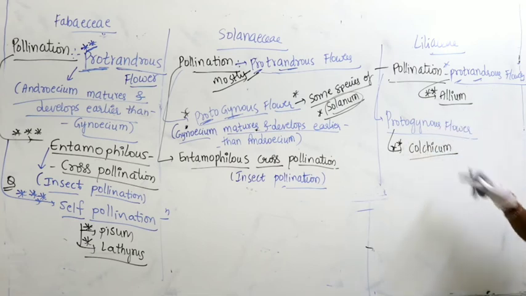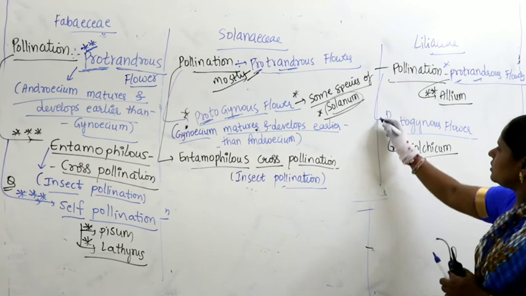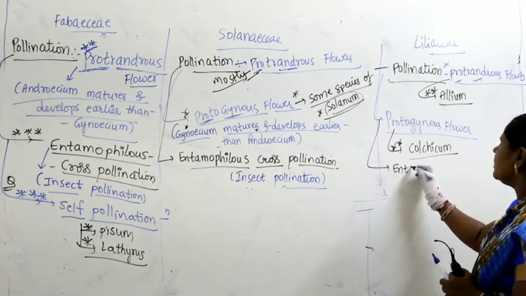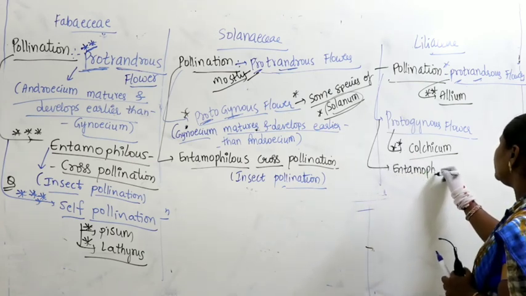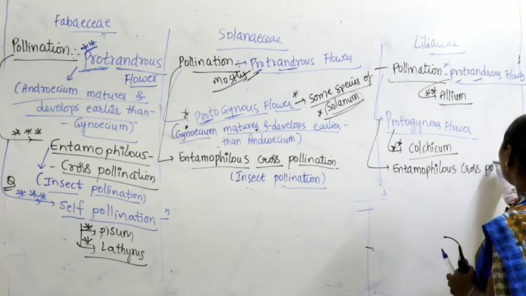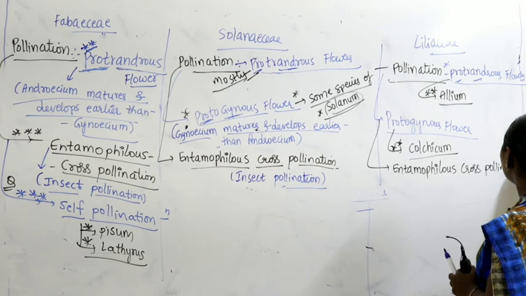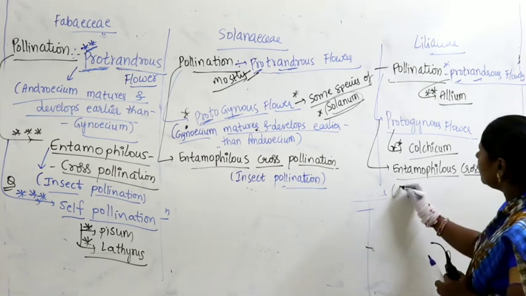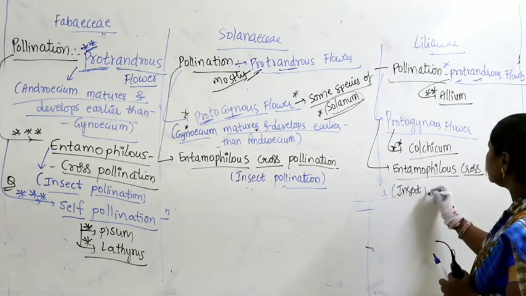Protandrous condition we find in case of Allium. Protogynous condition we find in case of Colchicum, and here also it exhibits entomophilous cross pollination, meaning the pollination is by insects.